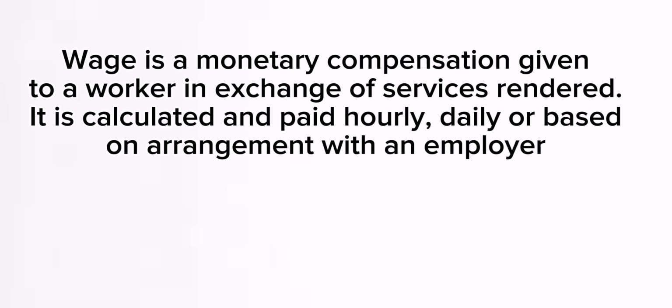That is wage. So wage is mostly calculated either daily, it could be hourly or weekly. So when we talk about wages, wages is any form of money which is given to a worker in exchange of his or her duties rendered. And mostly it is paid either hourly, daily, or weekly.